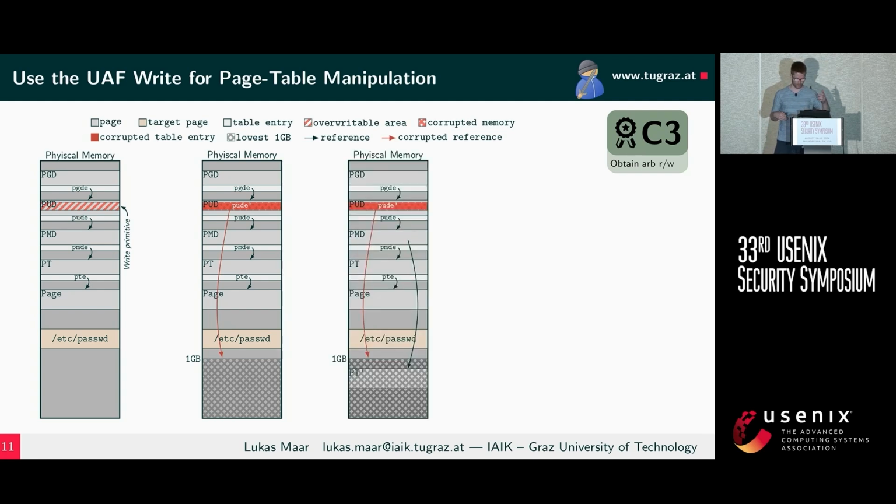Then, what we do next, we perform a lot of allocations of page tables until eventually one page table is located in our first gigabyte of physical memory.